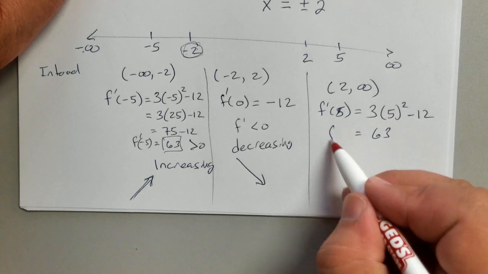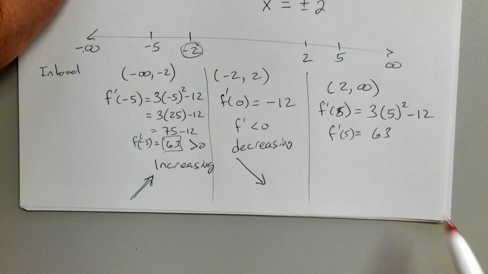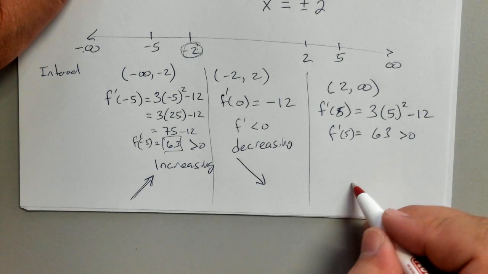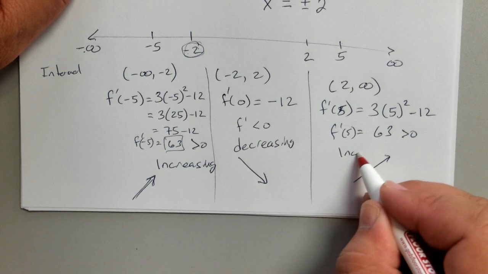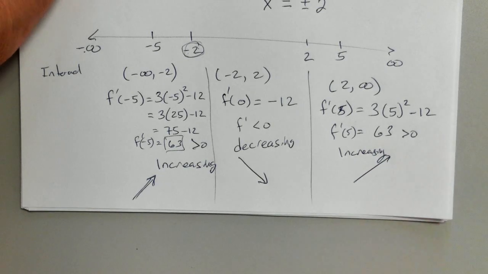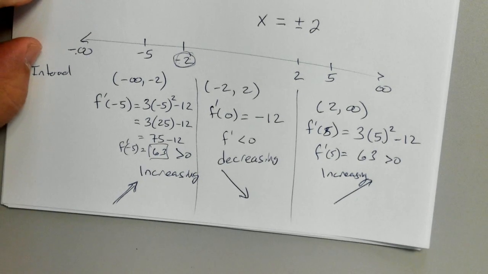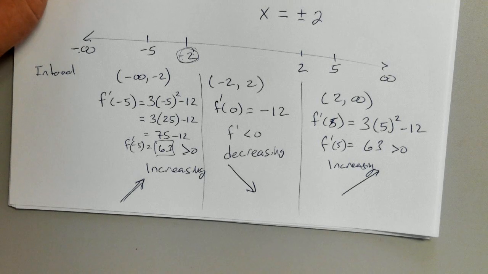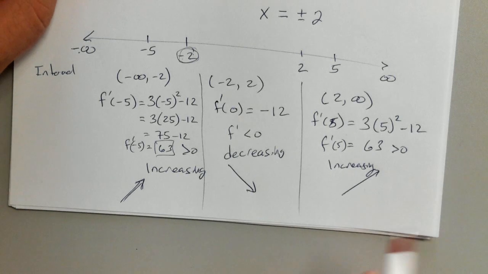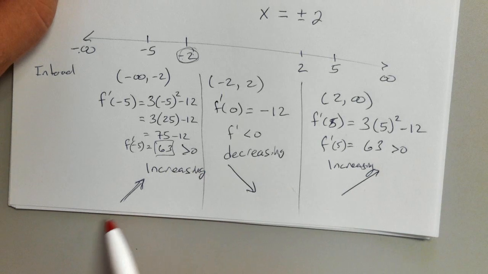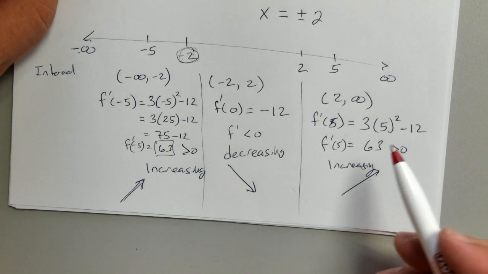So we're going to get the same value for this case. It's greater than 0, so it's increasing again. We know that the graph's increasing, decreasing, and increasing again.